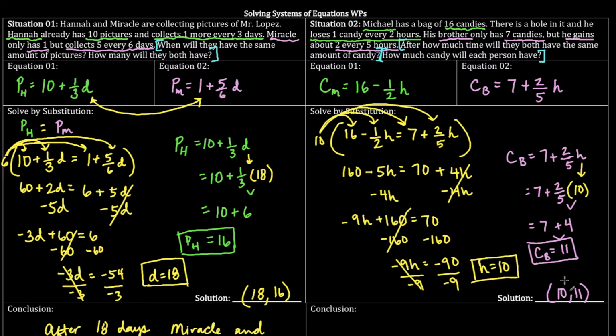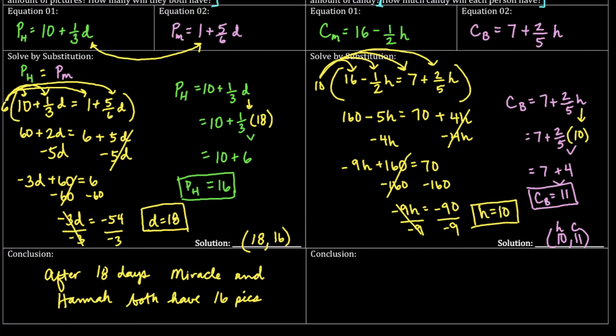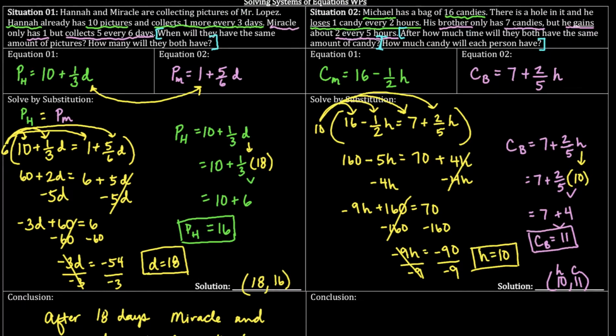It's always going to be the hours, and then the one we care about, which is the candies. So in conclusion, let's make sure to answer our question. Actually, I'm going to write this in blue, since the blue was the question. So 10, 11. That was the hours, that was the candies.